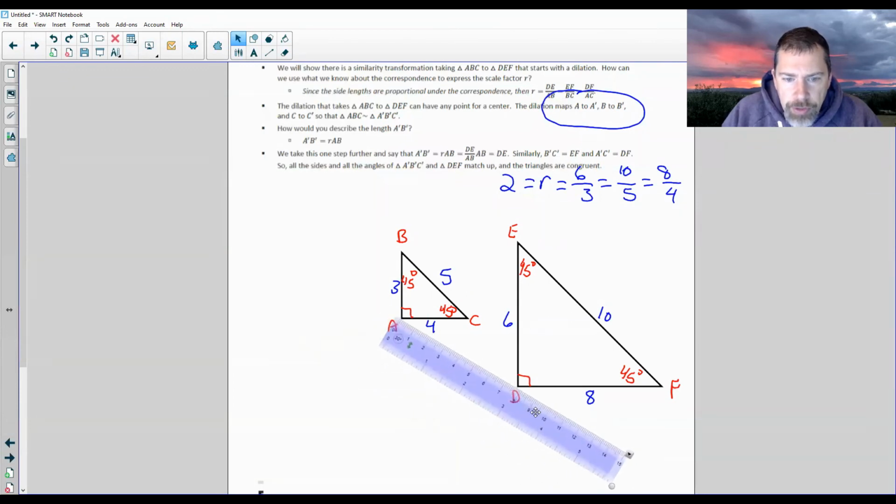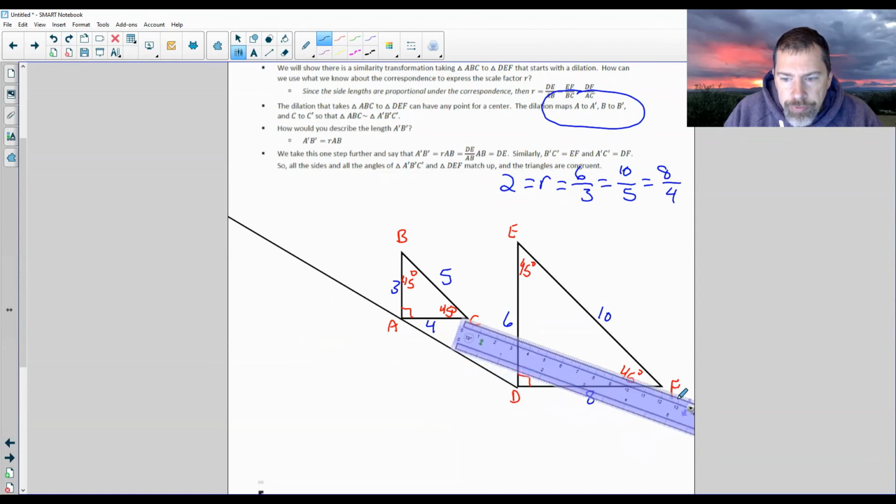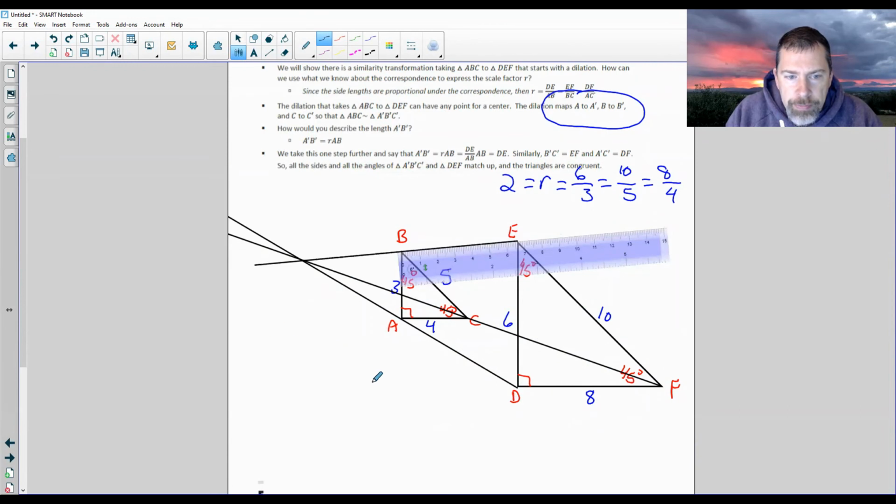So then I move this to here, and I draw a segment from D to A and beyond. And then I do the same for C and F. And then I do the same for B and E. And as you can see, these all cross right here. And that is our O.